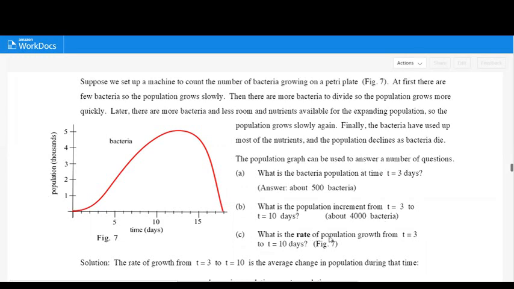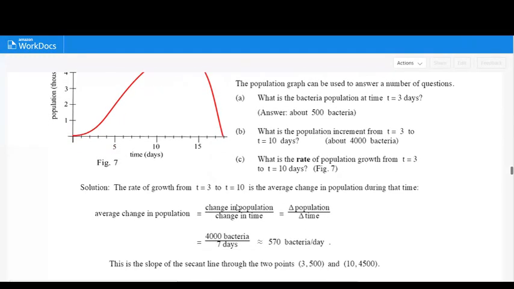Next, what is the rate of population growth from t equals to 3 and t equals to 10 days? So, yan. So, that is now same kanina sa velocity. So, now we are to find the average change in population. So, that is the increment in population over increment of time. So, we have learned na between 3 days and 10 days, yung population increment is 4,000.